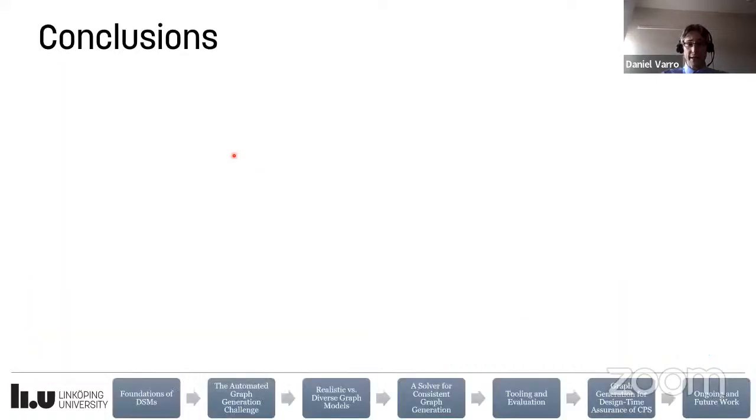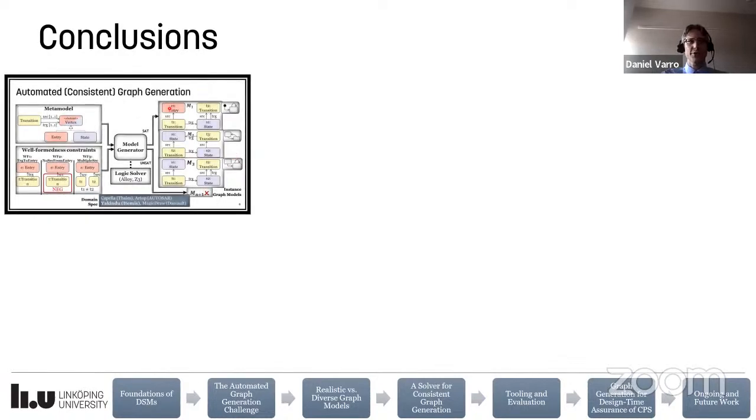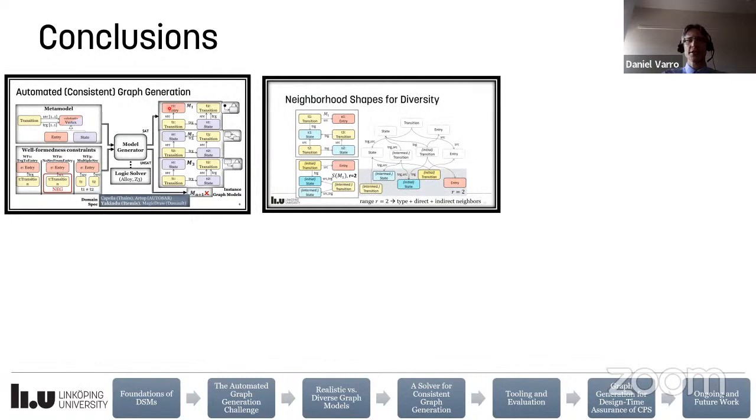And altogether, I think I'm reaching the very end of my talk. The core of the talk was related to automated generation of graph models, especially consistent graph models.